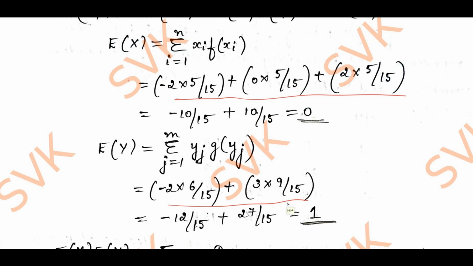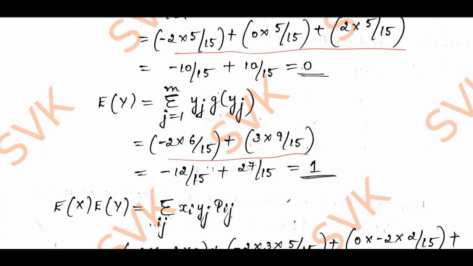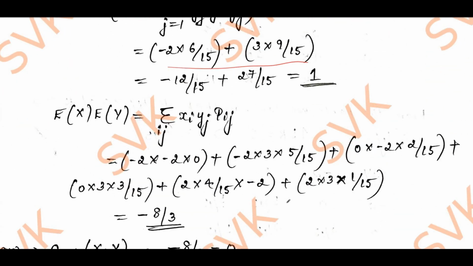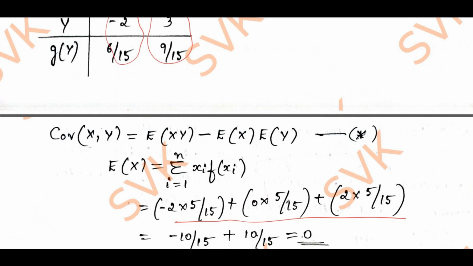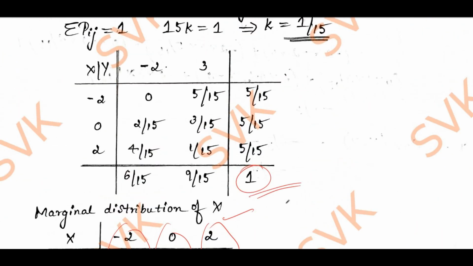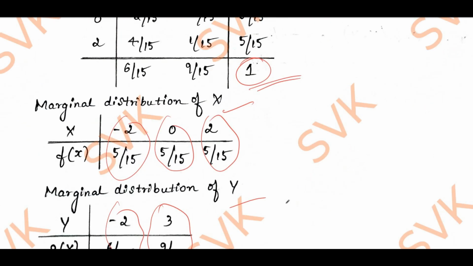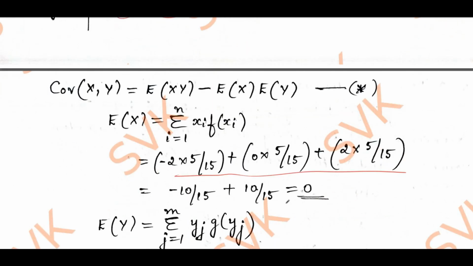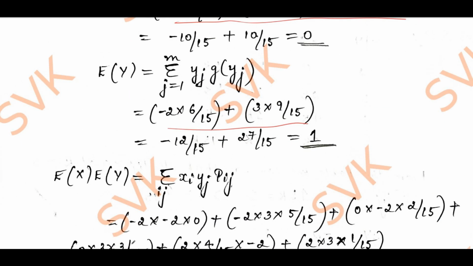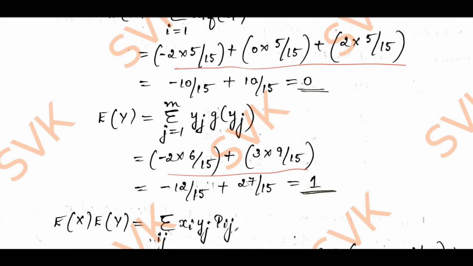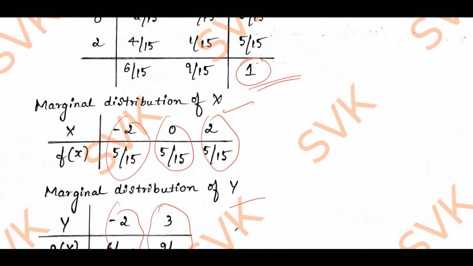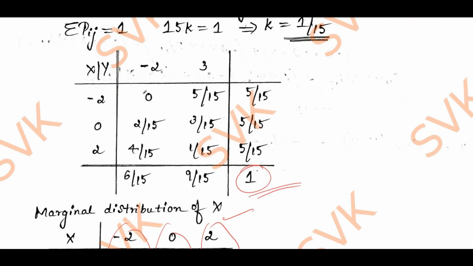Finally, I need to find out the expectation of xy. Expectation of xy is nothing but, whatever the table we have, we multiply each and every value of that table. See here, it is in a triangle form. Just minus 2 into minus 2 into 0.